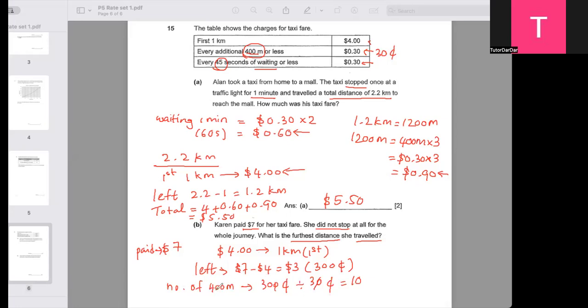So the total distance is 400 meter multiplied by 10, which will give you 4,000 meter, which is 4 kilometer. So here got 1 kilometer, here got 4 kilometer. So total is 1 plus 4 equals 5 kilometer. This is the answer.